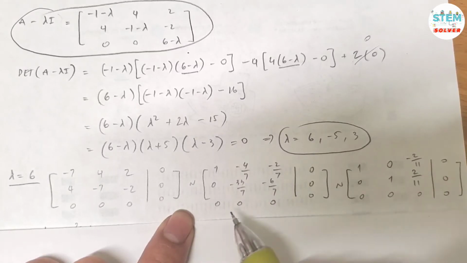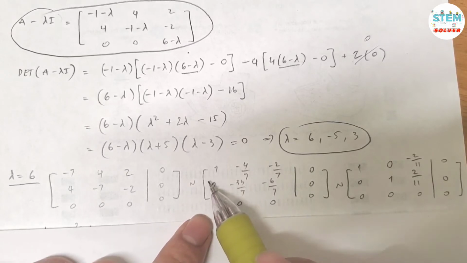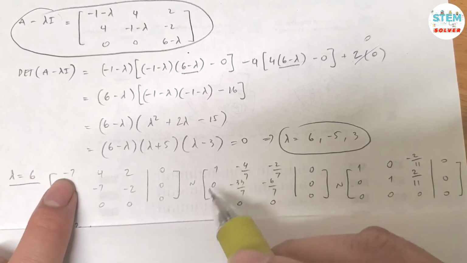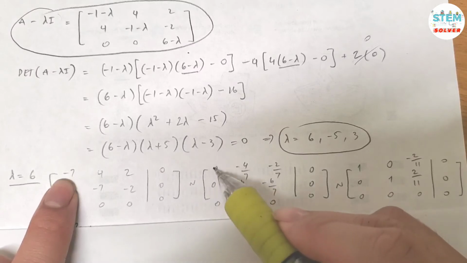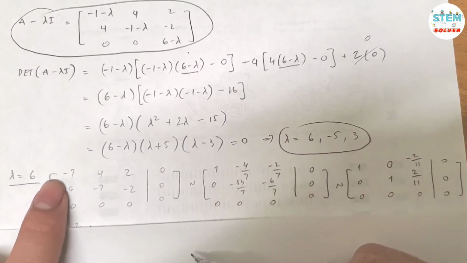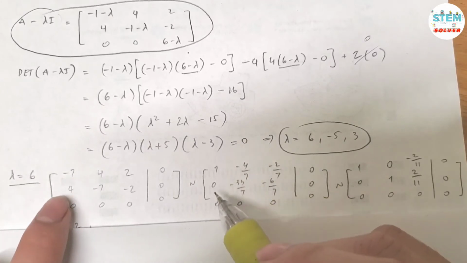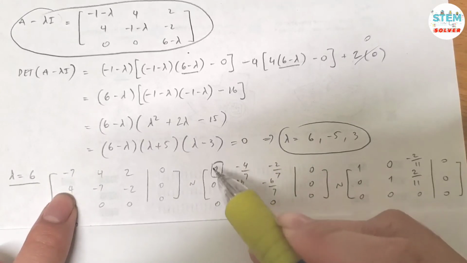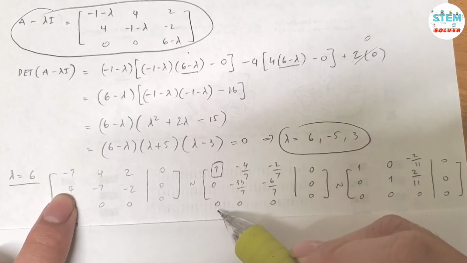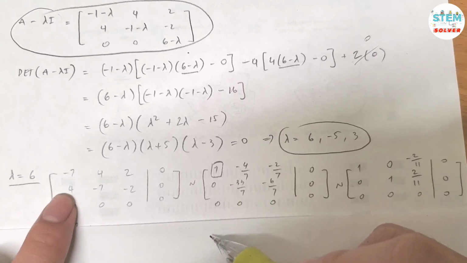In this case, for the first row, I want to get 1, so I divide the whole row by -7. Okay, and then now this becomes a pivot, so I want to make everything below it 0. So here I still have the 4.